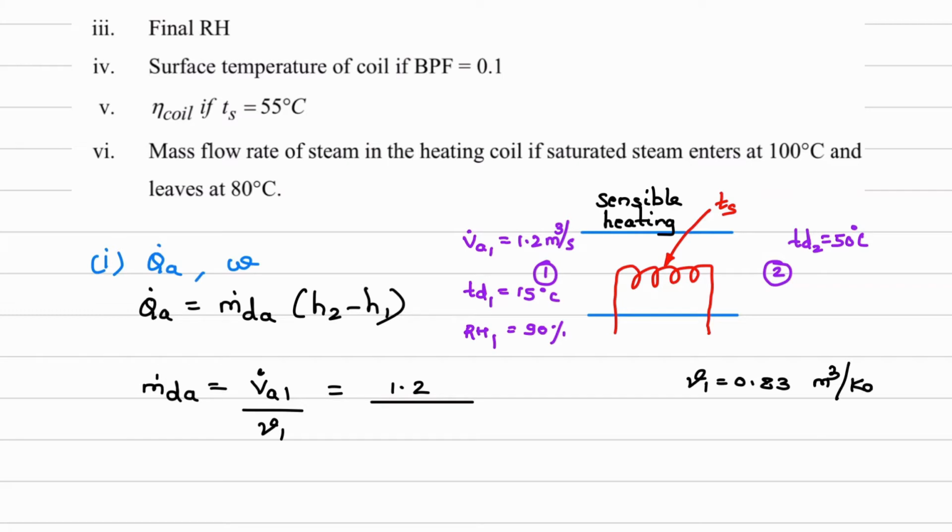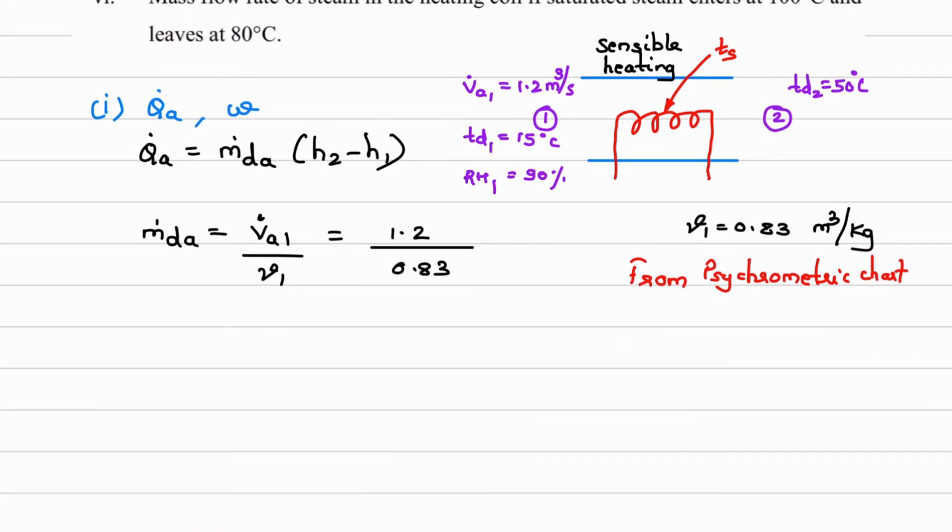This we have read from where? Psychrometric chart. Okay, so substitute that value in the denominator, 0.83. So you will get the mass flow rate of air. Okay, now we have to calculate Q dot A. Already we have read the value of enthalpy, so I will substitute those values.